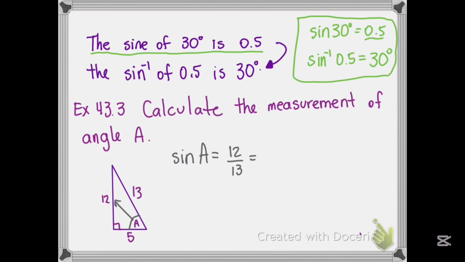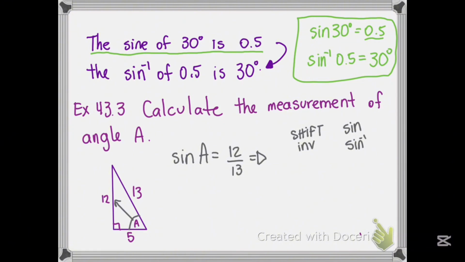If I go to the calculator, you have to look in your scientific calculator for something that says shift or inverse. What you're going to do is press that button, shift, and then press sine. In your calculator, it should show something like sine -1.